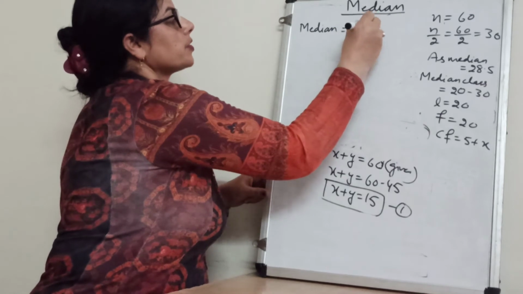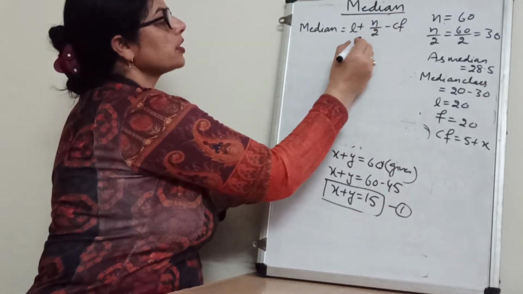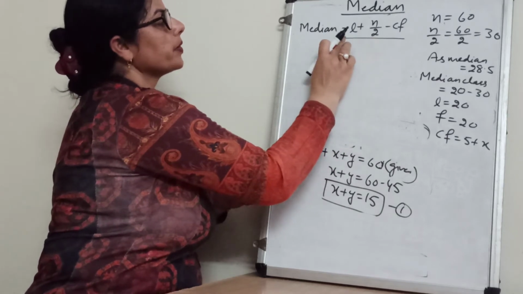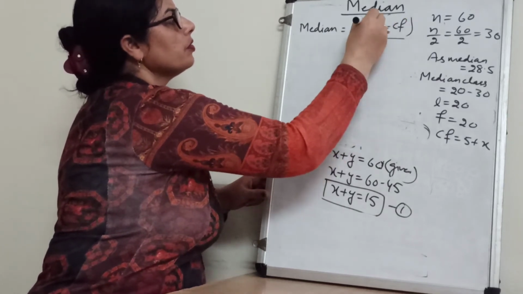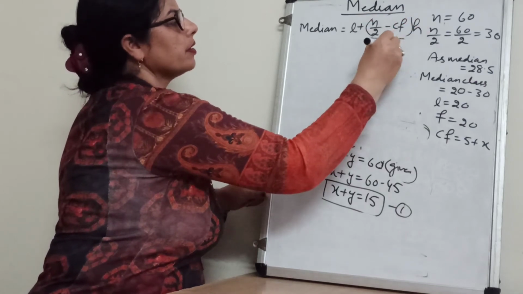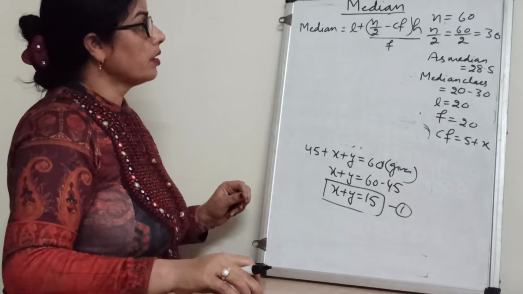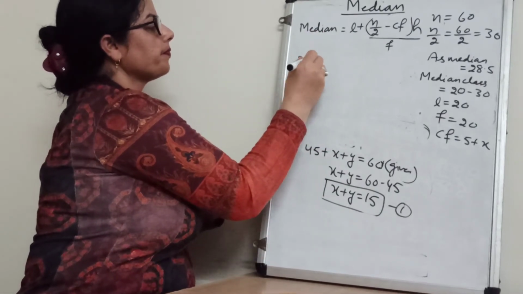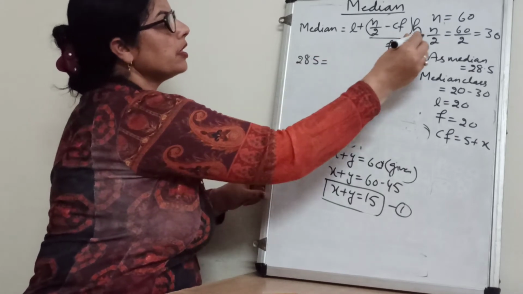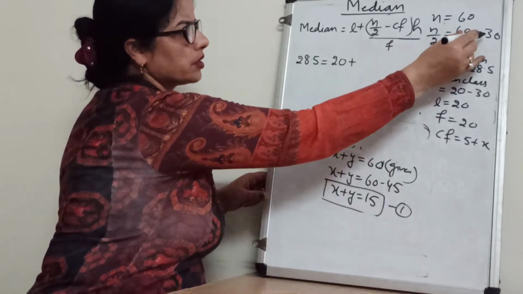L plus n by 2 minus CF. See, this line is not up to here, no. It is starting from n by 2 into h by f. This L plus is separate. And now put the value. Median is given to us, 28.5. L means 20. n by 2 means 30.